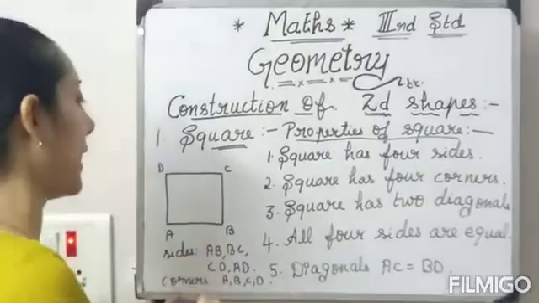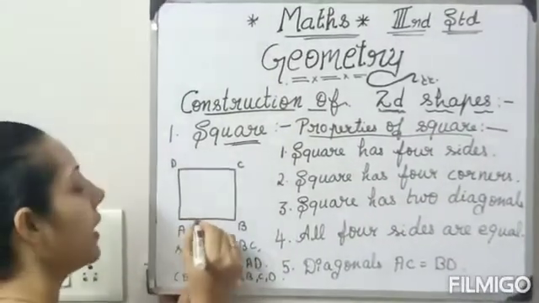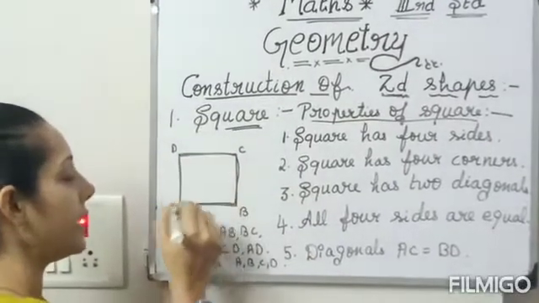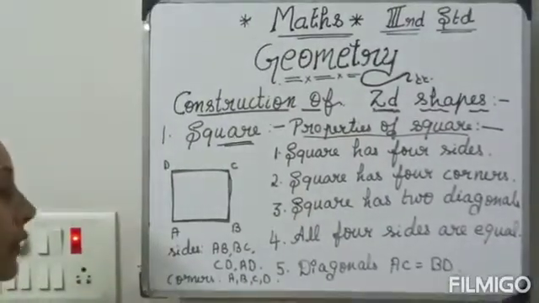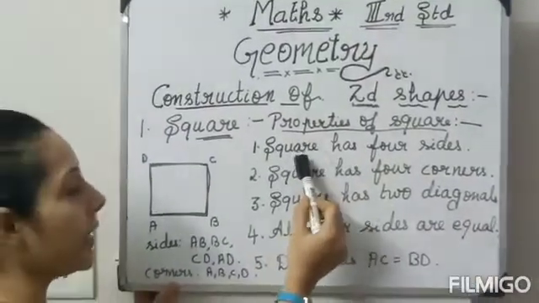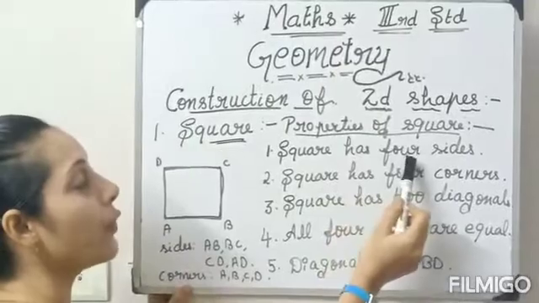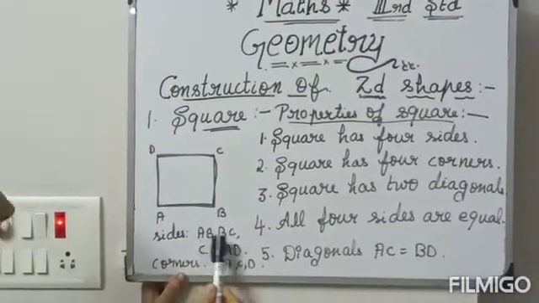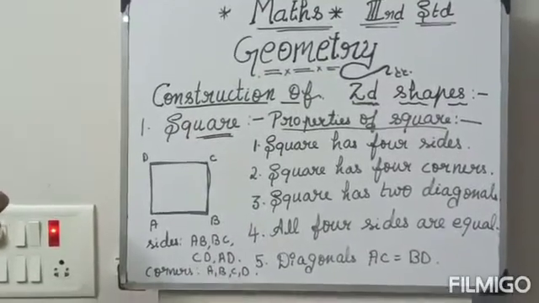This is our diagram of a square. See, AB, BC, CD, AD. What are the properties? Let's see. A square has 4 sides. What are the sides? AB, BC, CD, AD.